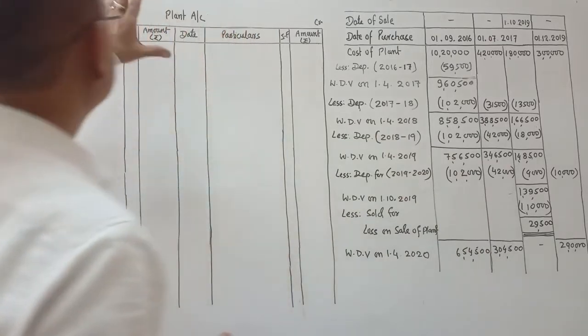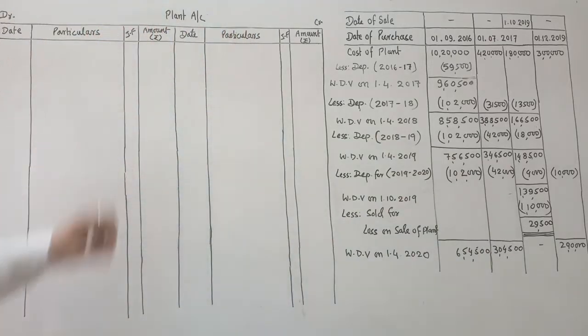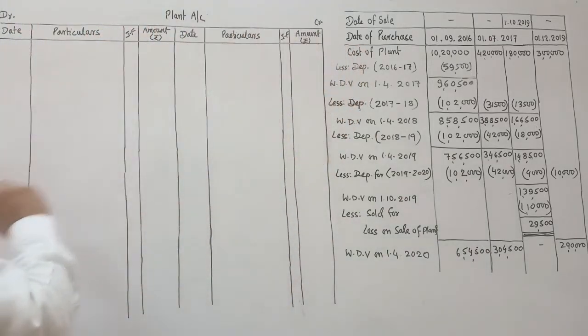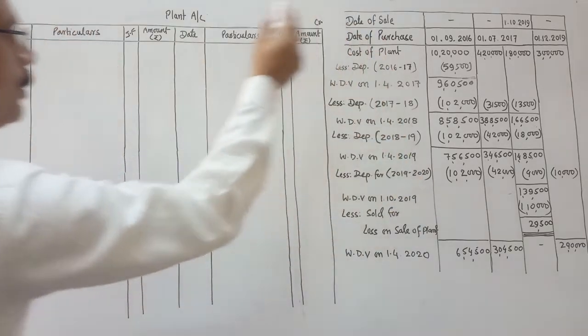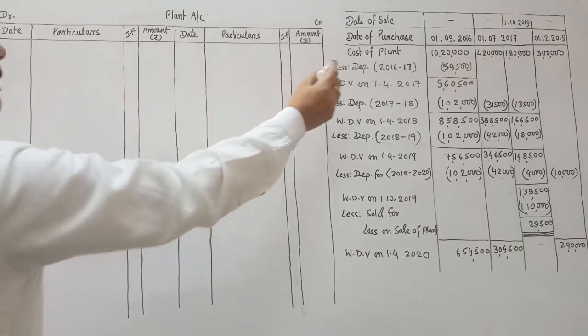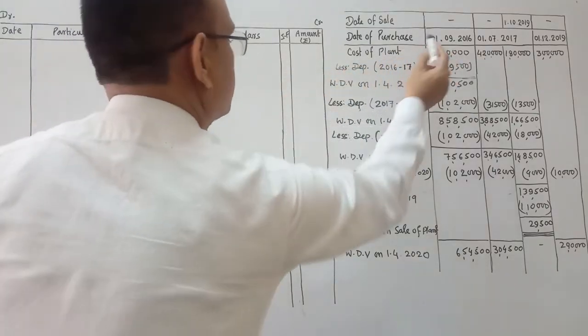Now thereafter we will prepare the plant account. We will prepare the plant account on the basis of this working note. So on 1st September the plant is purchased.